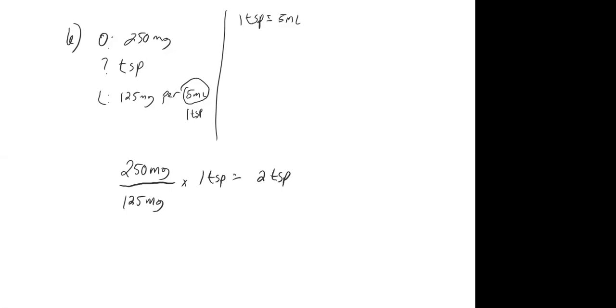The other way you would do this is, let's say, again, order over half, 250 milligrams, 125 milligrams, times the 5 milliliters. Now, when you do this, you'll actually get 10 milliliters. This is actually where people get this wrong, is because they didn't read the directions. They were trying to go quickly.